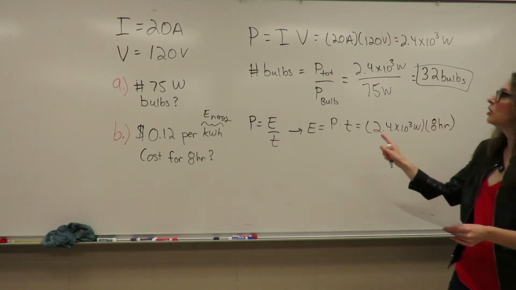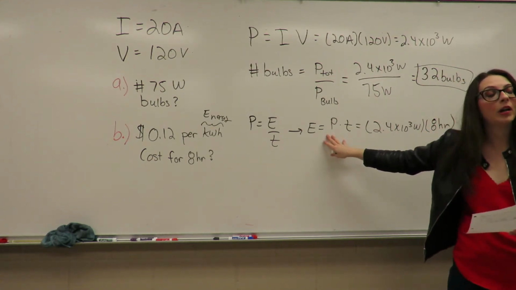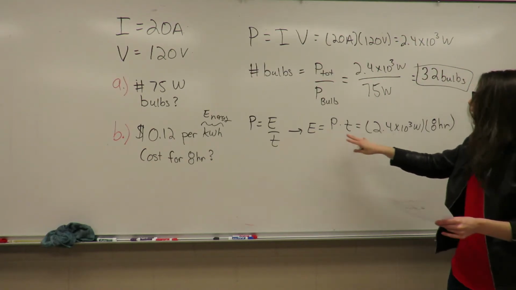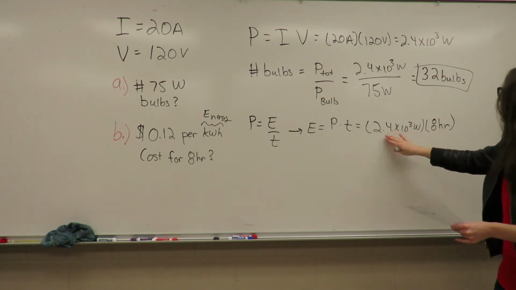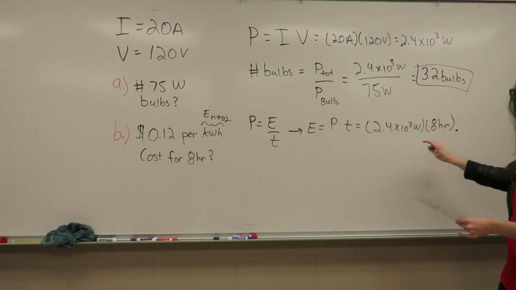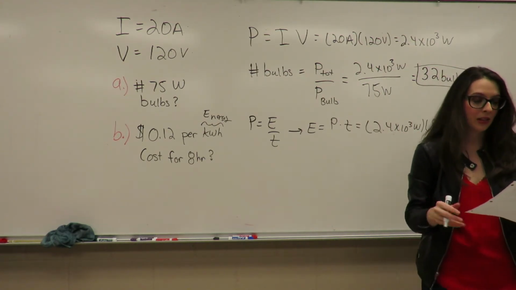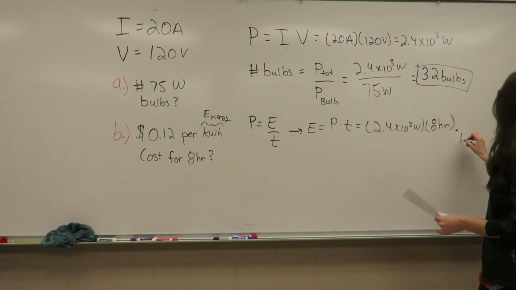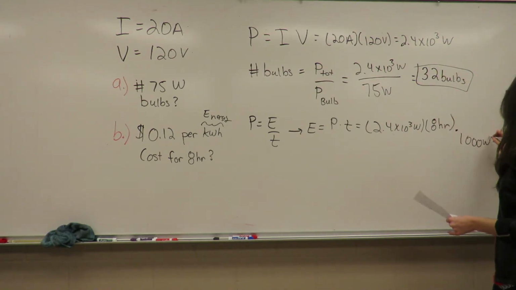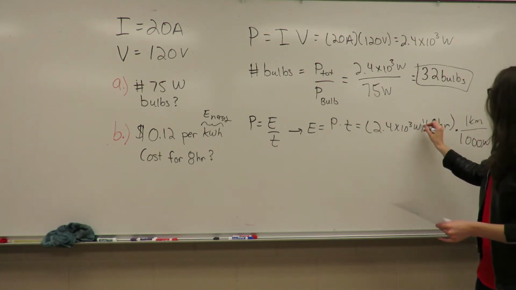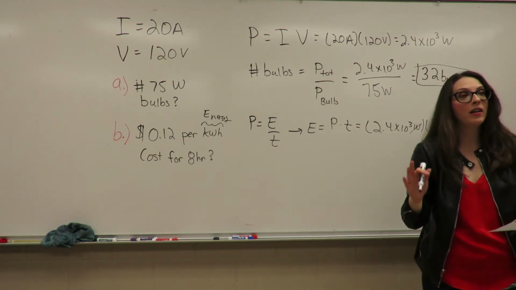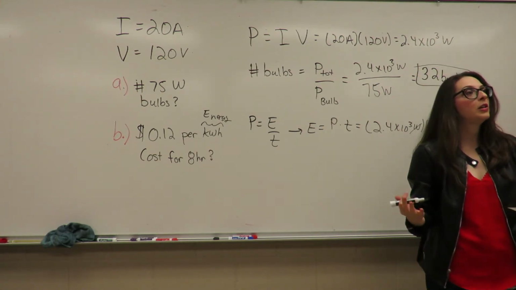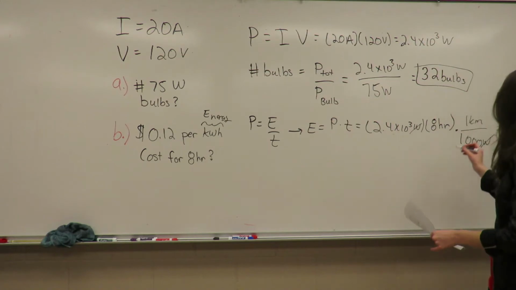And so my energy units that I'm looking for are in units of kilowatt hours. Here I'm going to have units of watts times hours. So I'm going to use a conversion factor to convert these watts into kilowatts. And so we recall that there's 1,000 watts in 1 kilowatt. So I'll just have to divide 2.4 times 10 to the 3 times 8, divide that by 1,000 in order to get our answer in kilowatt hours.